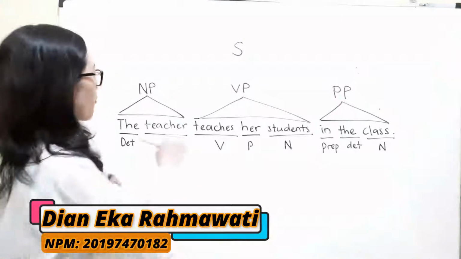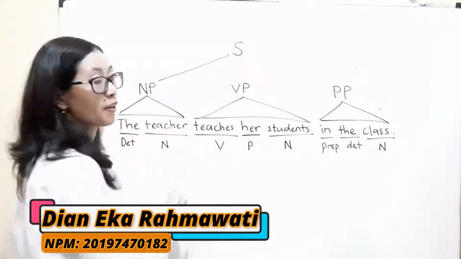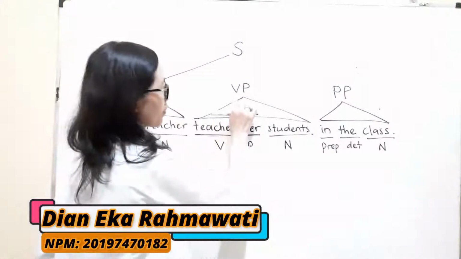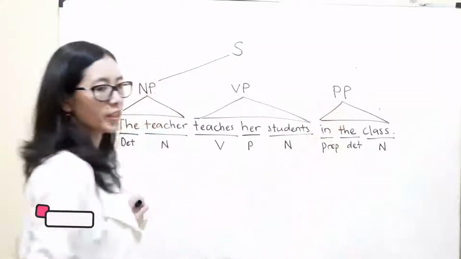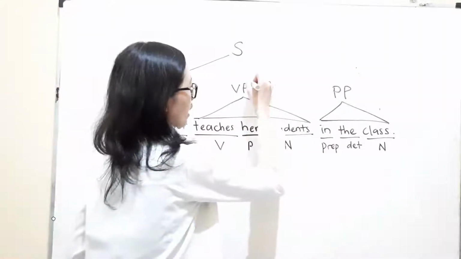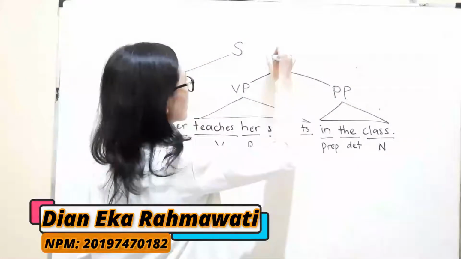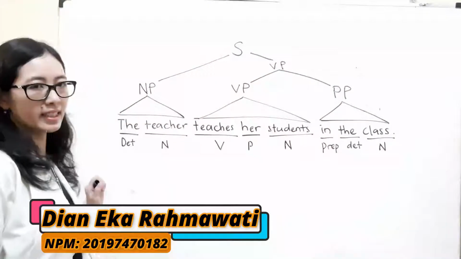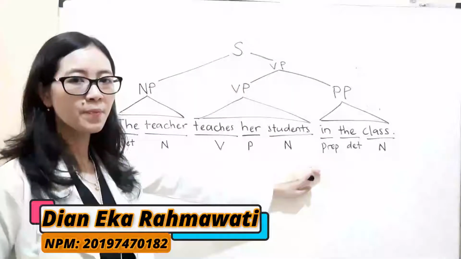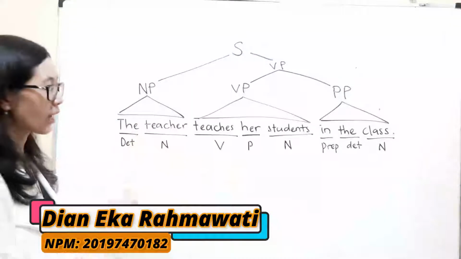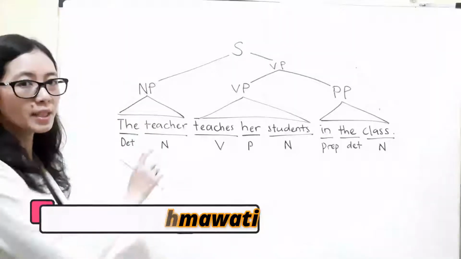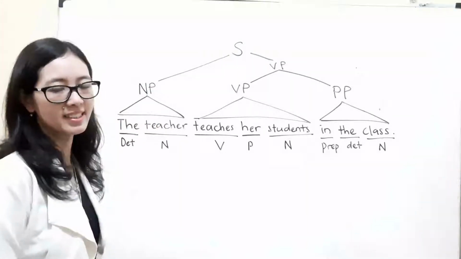Sentence is formed from noun phrase and verb phrase. We have verb phrase and prepositional phrase together. In syntax, we can combine this into verb phrase and form the sentence. This is how we analyze the sentence, and we call this sentence a simple declarative sentence.